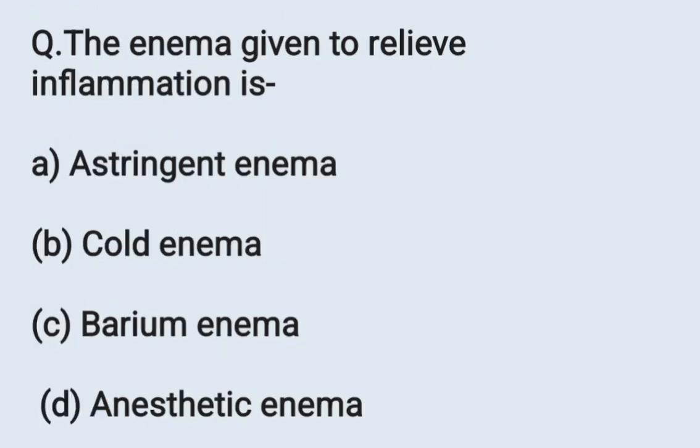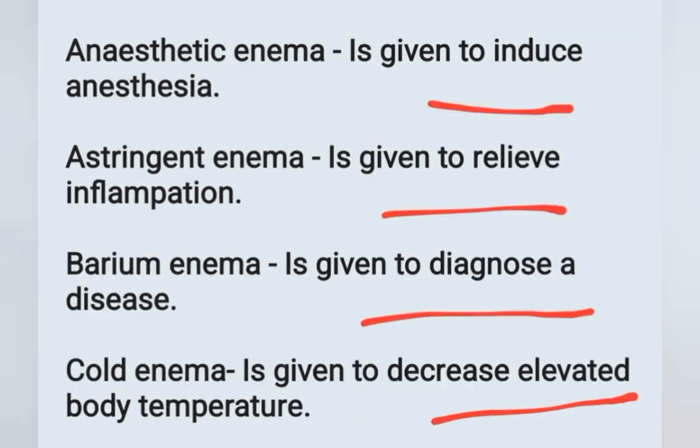And the next question: the enema given to relieve inflammation is? Option A astringent enema, option B cold enema, option C barium enema, option D anesthetic enema. Here we can see the options: anesthetic enema is given to induce anesthesia, astringent enema is given to relieve inflammation, so that is our correct answer.